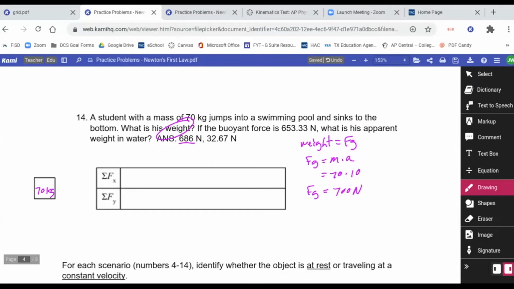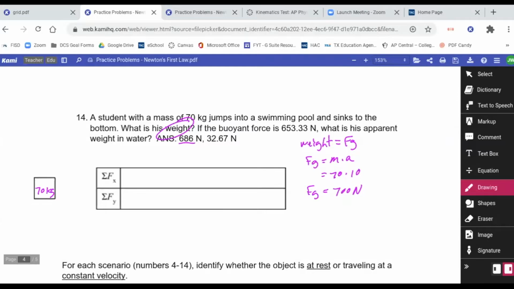If the buoyant force, okay, so if you've never been around water much, buoyancy isn't something that you're used to hearing. But buoyancy is what pushes things up in water, makes them float. Yes, density has a lot to do with it, but the actual pushing of it up is the buoyant force. Do you need to memorize it? No. Do you need to be familiar with the term? Let's say yes. So you've got gravity and weight pulling you down, but buoyancy pushing you up.